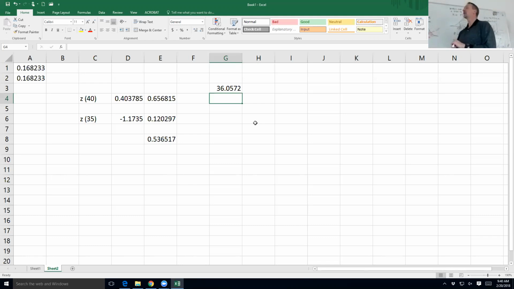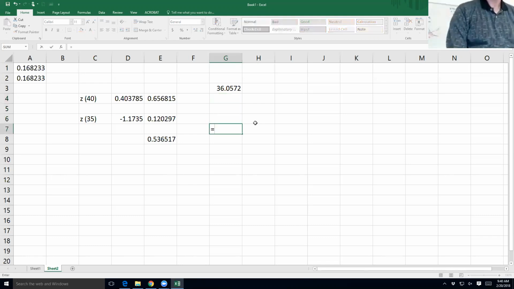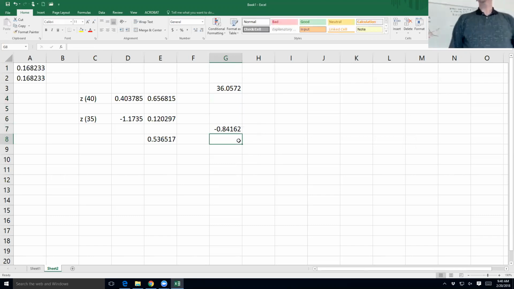It's on the board, the first one, which is NORM.S.INV. Notice it's asking for a probability. What probability am I putting in here? 0.2, the 20th percentile. That's negative 0.841. I got negative 0.84, so those are very close. Excel's a little bit more accurate.